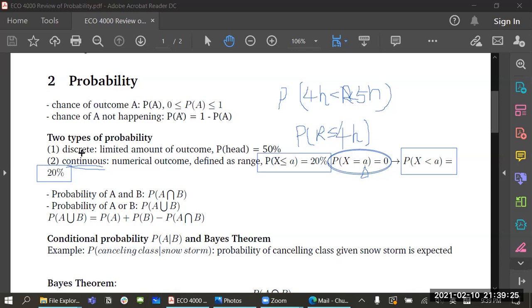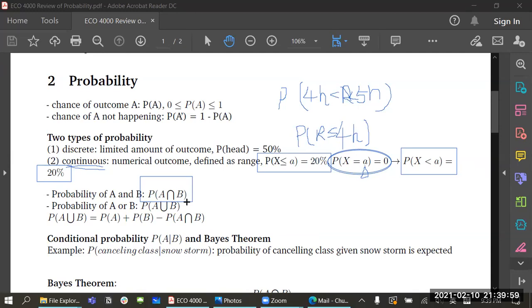Another thing is the probability of two events happening together, or one of the two events happening. So we have probability A and B, with this "and" sign. It means that both A and B happened.